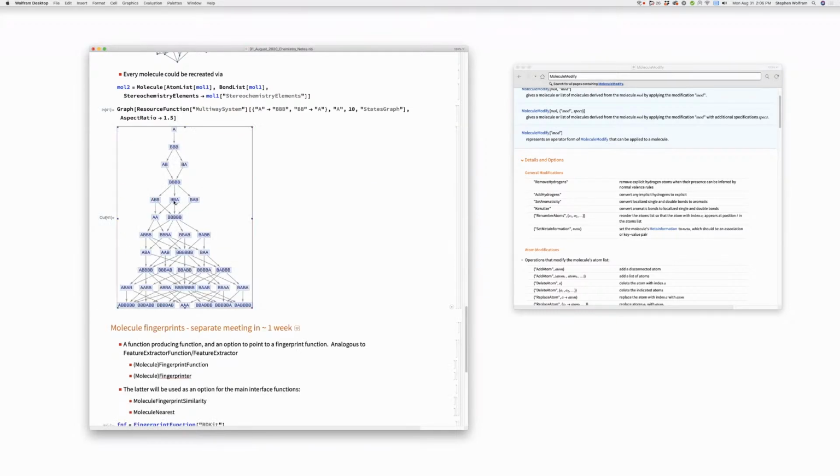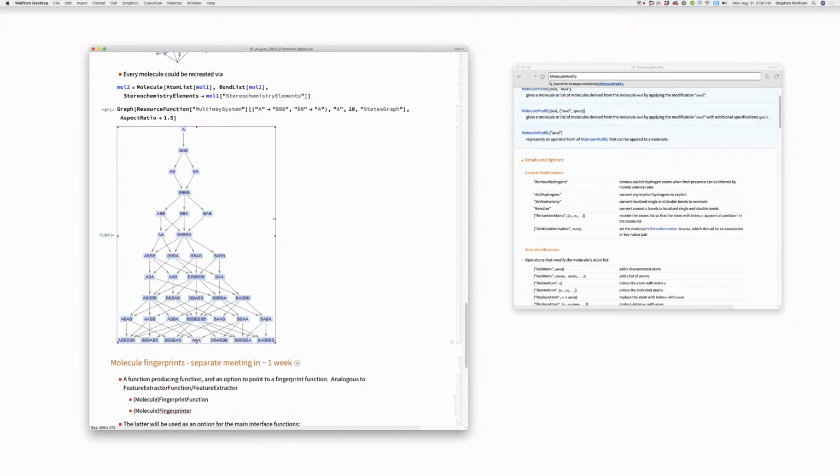Some random thing like this. Okay, so if we imagine this as a bunch of potential chemical products, each arrow here represents some molecule modify that can be done, right?